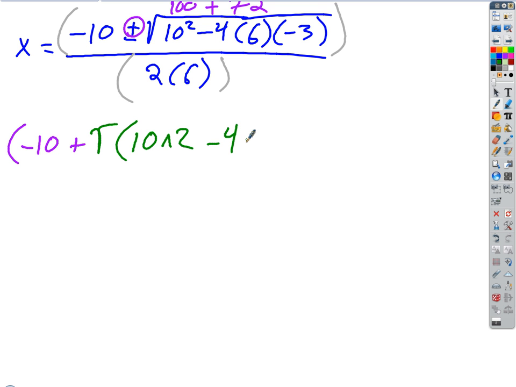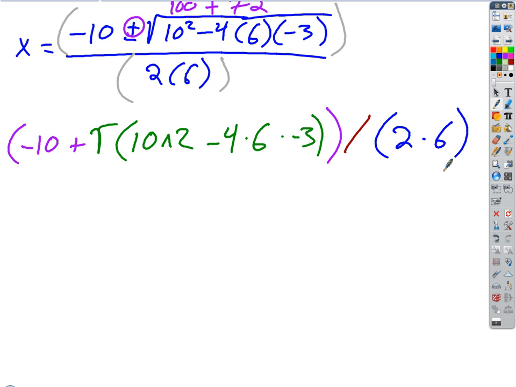Minus 4 times 6 times -3. Close the parentheses for the square root. Close the parentheses for the numerator. Divided by, open a set of parentheses for the denominator. 2 times 6, close the parentheses, equals.